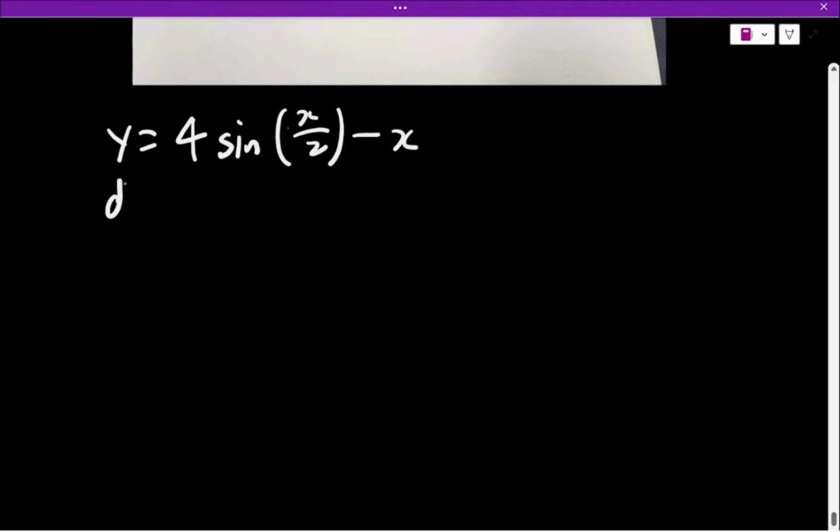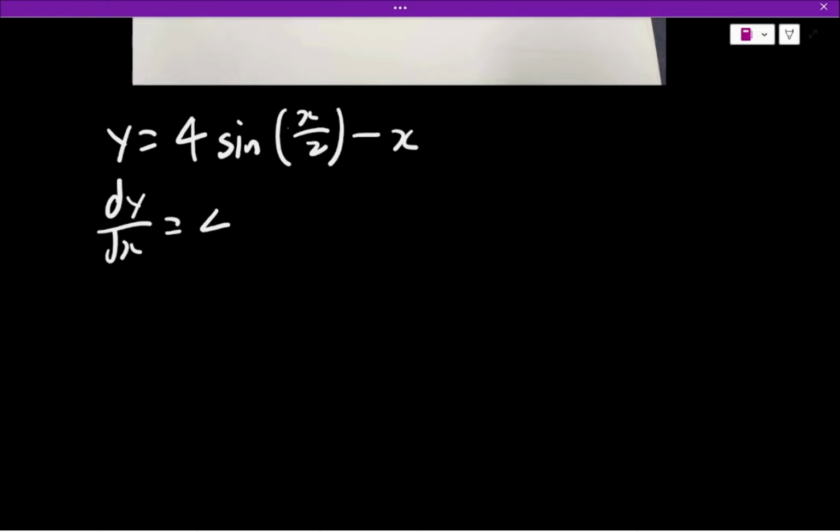Okay, so let's find the derivative. This is going to be 4 times the derivative of sine, which is cosine, so we're going to have cosine of this. But we're not done yet, because notice that the inside here is x over 2, not x. So we have to multiply by the derivative of the inner function.